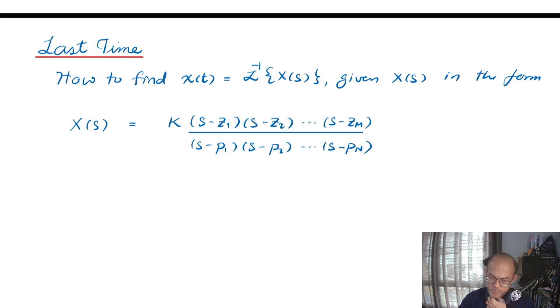Okay, be careful here. m and n are probably two different numbers. m is the degree of the numerator, and n is the degree of the denominator.